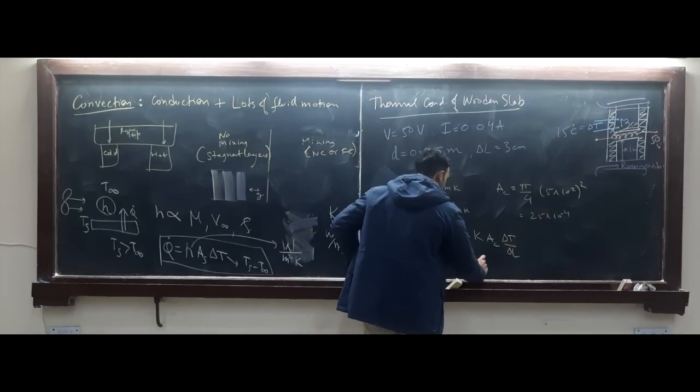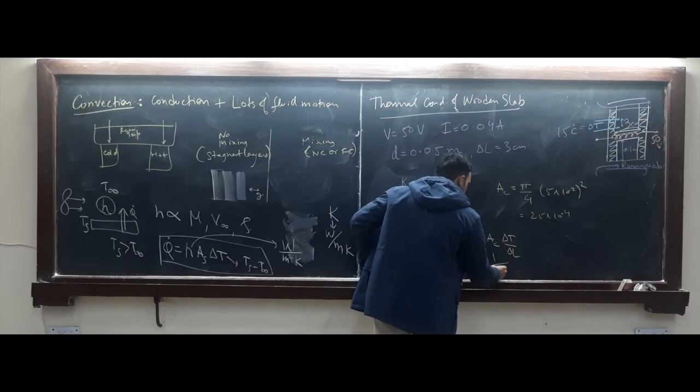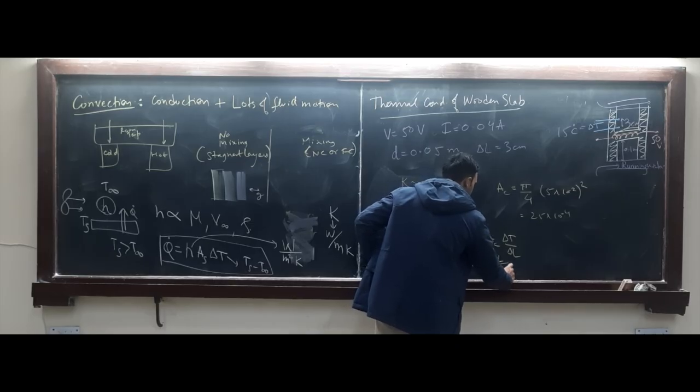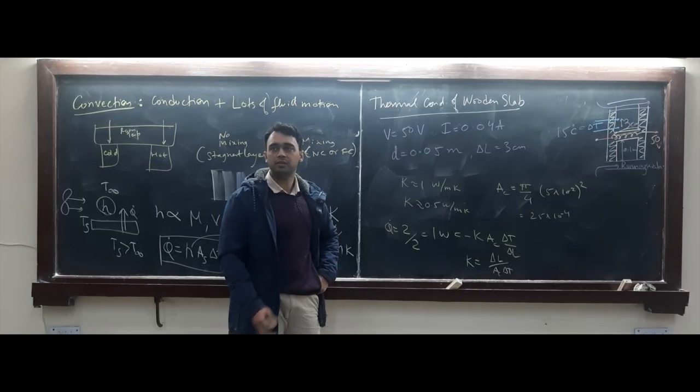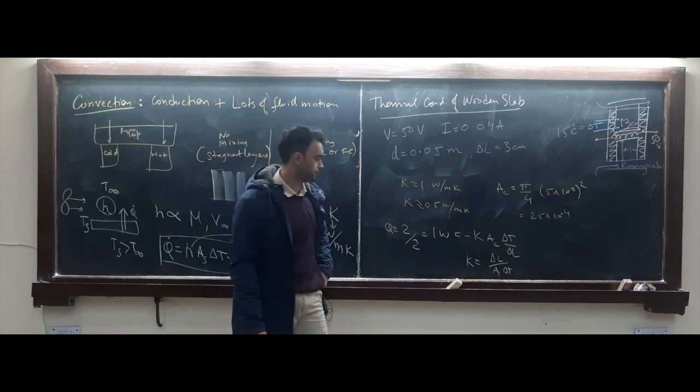So what do you get as K? Basically 1 divided by, delta L divided by AC into delta T. Which is correct. We have to come to a conclusion. 1, right?